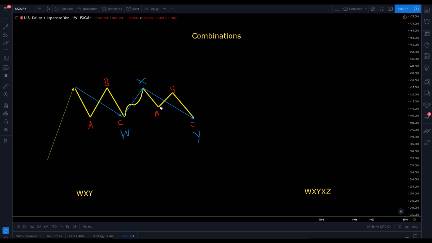Okay. So after this zigzag, let's say you get a triangle. You get a triangle here, like this. Okay, so from here, you get a wave like this.